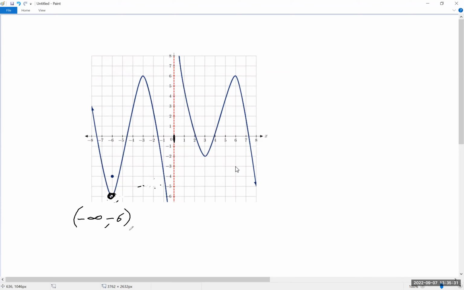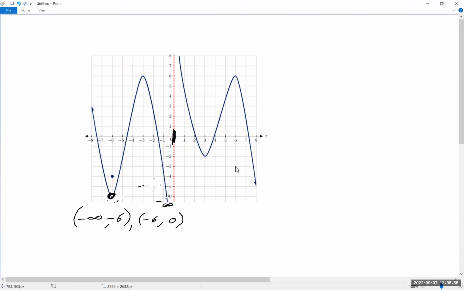Now this curve begins again from -6 to 0 actually, because it drops off to minus infinity over here on this side. But where does it drop off? Well, it drops off here at this 0.